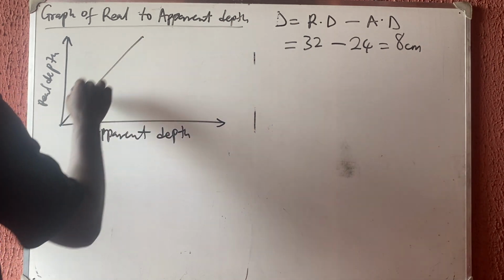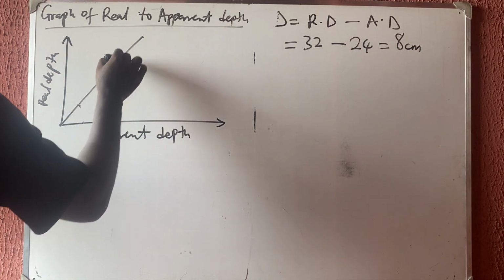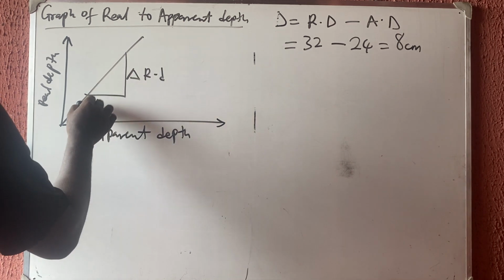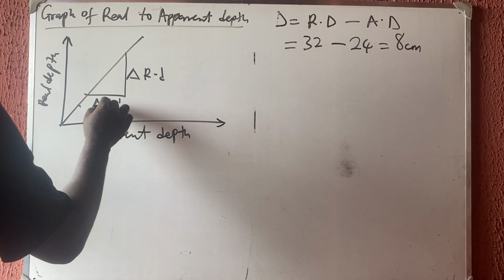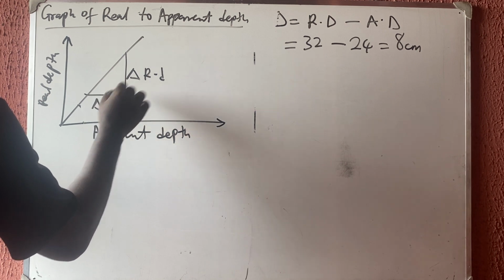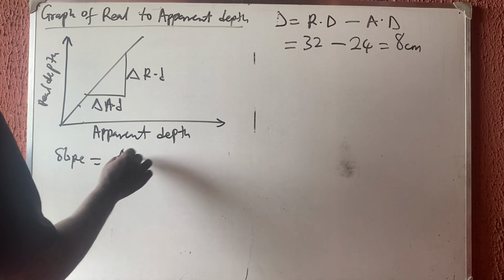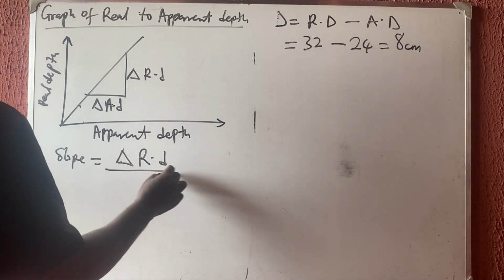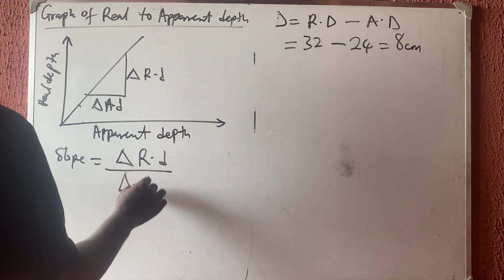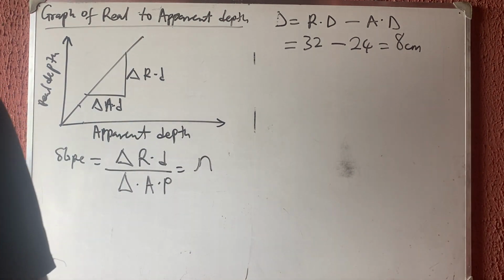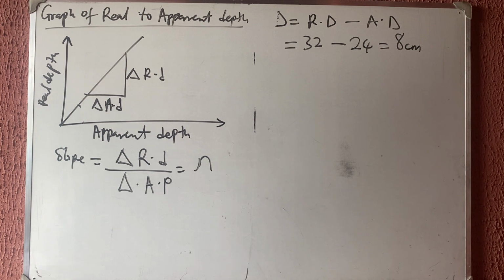The change in the real depth over the change in the apparent depth is the slope. So the slope is the change in the real depth over the change in the apparent depth, which we know as our refractive index. All right.